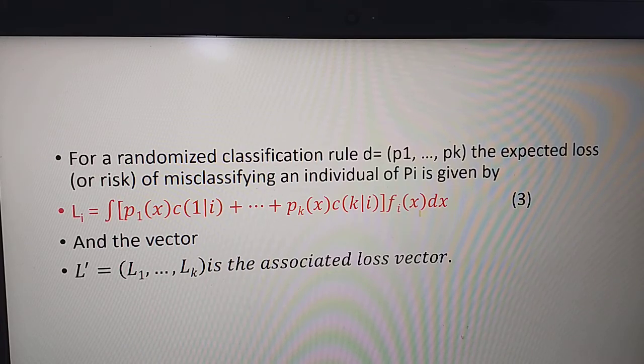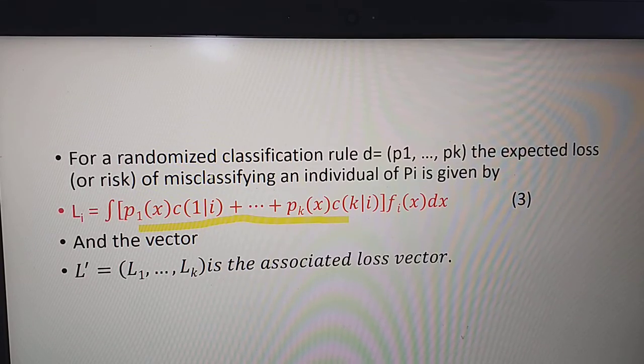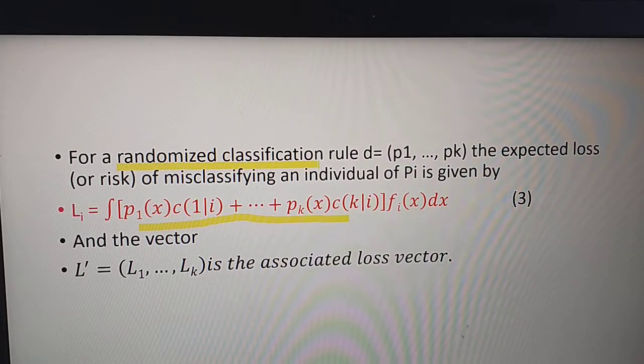This is the expected loss or risk of misclassifying an individual of the population Pi, and the vector L prime = (L1, L2, ..., Lk) is the associated loss vector. So this is the same thing. This is for randomized classification, and the earlier one is for a non-randomized classification rule.